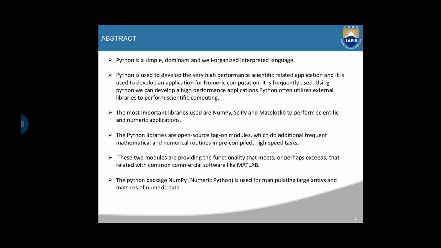These modules provide functionality that meets or perhaps exceeds that of common commercial software like MATLAB. The Python package NumPy, numeric Python, is used for manipulating large arrays and matrices of numeric data.